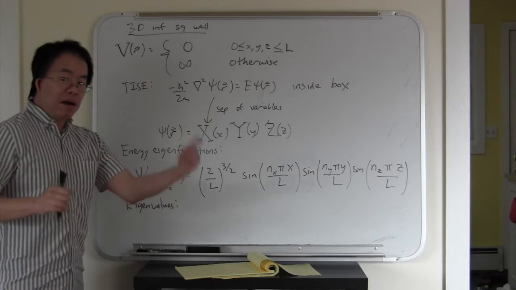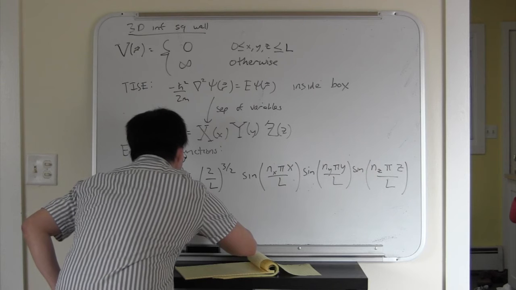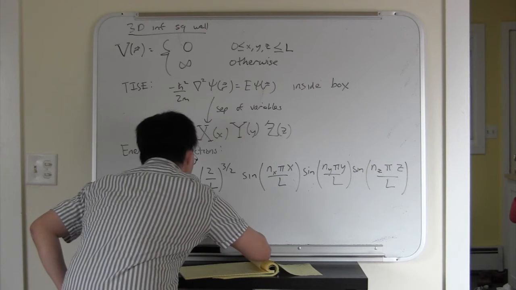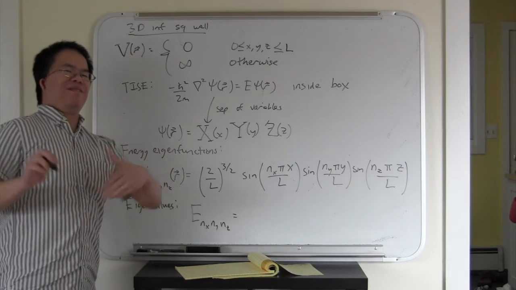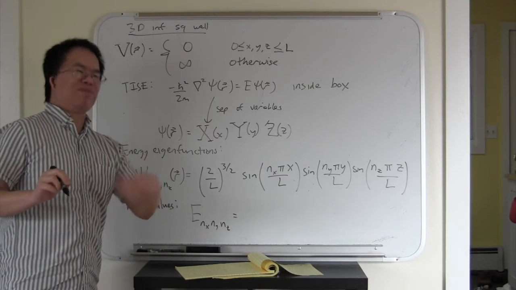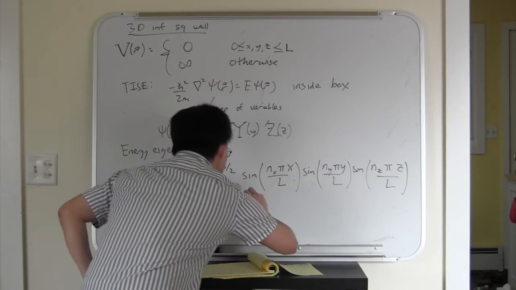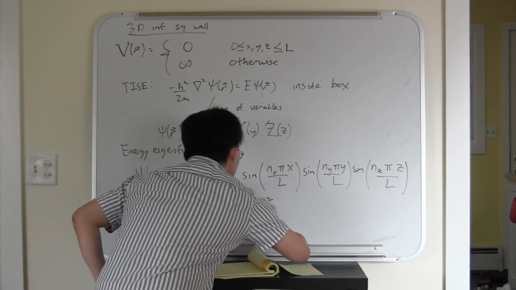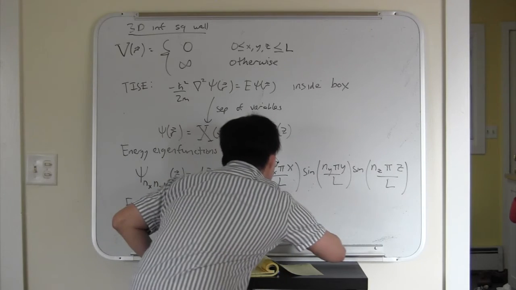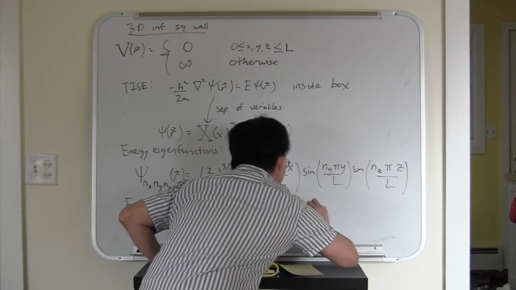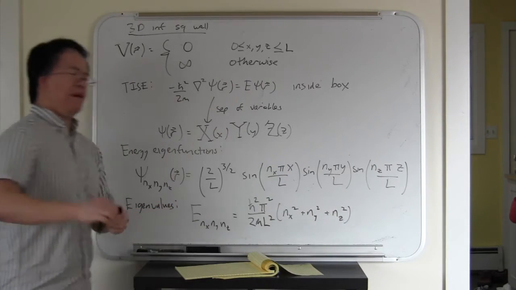Again, the energies will now depend on all 3 of nx, ny, and nz. E sub nx, ny, nz. Again, this acts like 3 1D wells, and it'll go like h bar squared pi squared over 2m L squared, times nx squared plus ny squared plus nz squared.